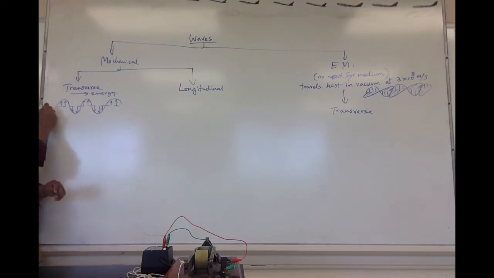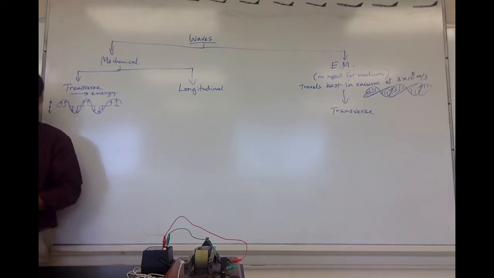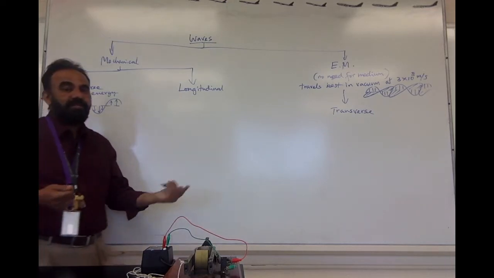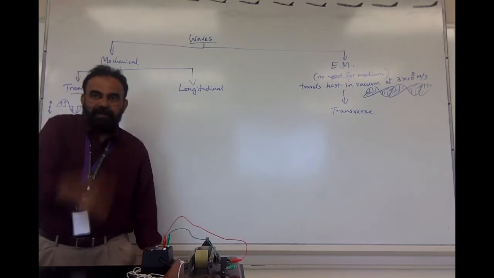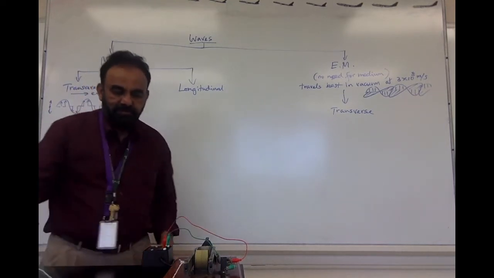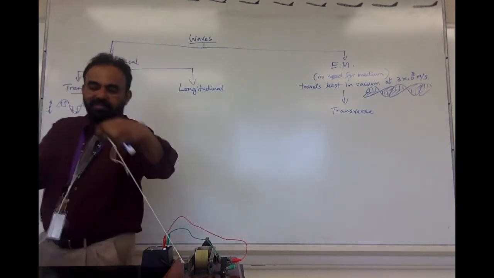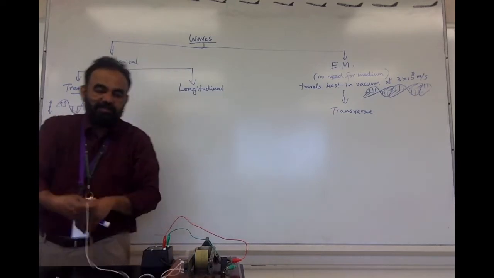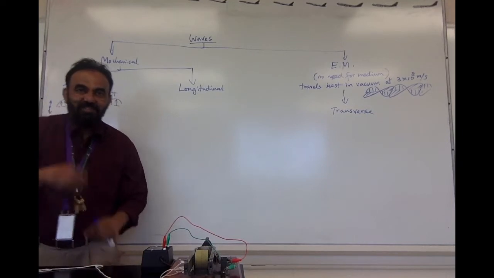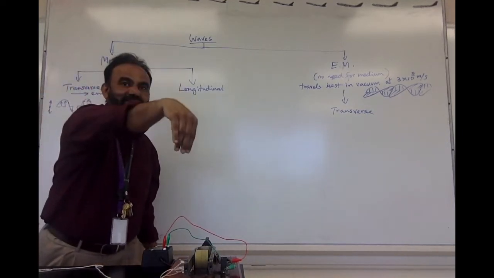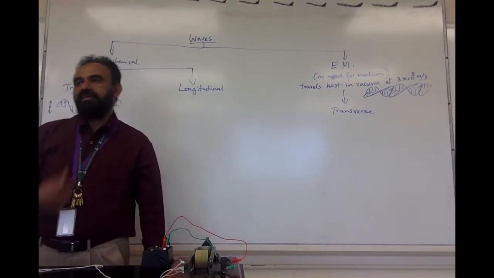So particles bob up and down. Like if you take a rope, I'm pretty sure you've tried all this. If you take a long rope and hold the rope and then just go up and down, you'll see that kind of formation. That is transverse wave.